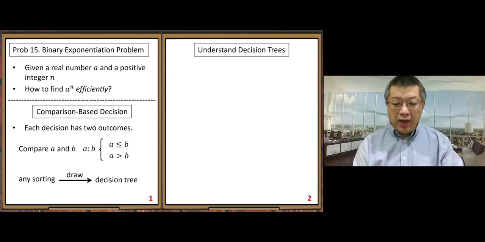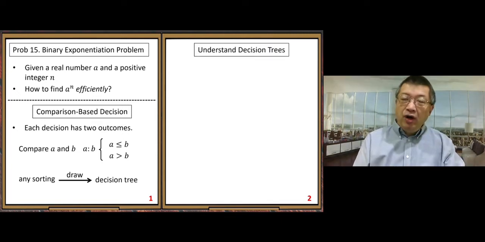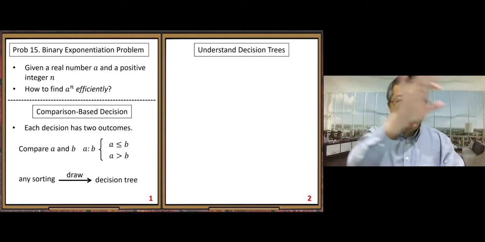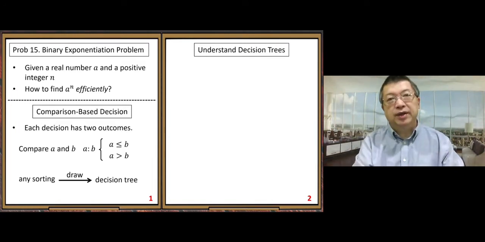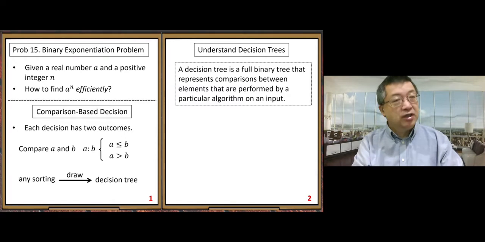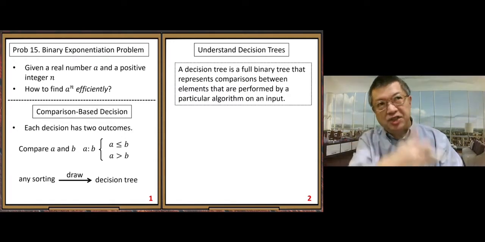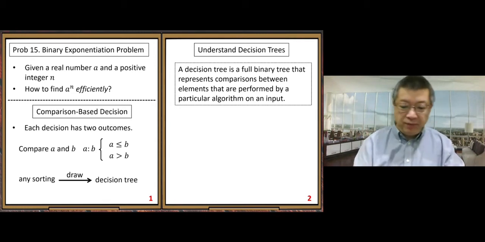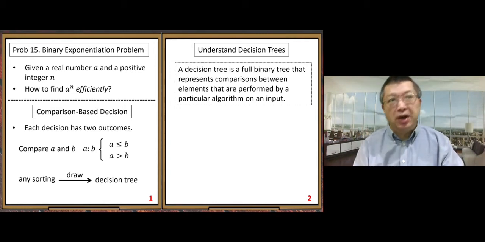All right. Before we move to the concrete example, let's look at the summary to understand decision trees. The last time, before we work on an example, first, the definition a little bit.